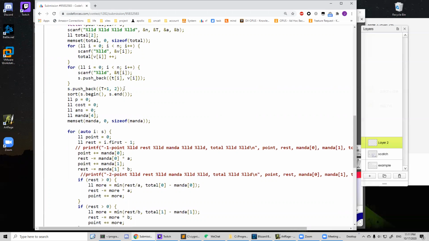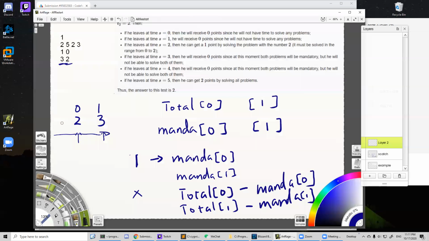So we are going to insert a placeholder here, because each time we move the timer to the next one, we are going to just move to the next time point where another problem becomes mandatory.